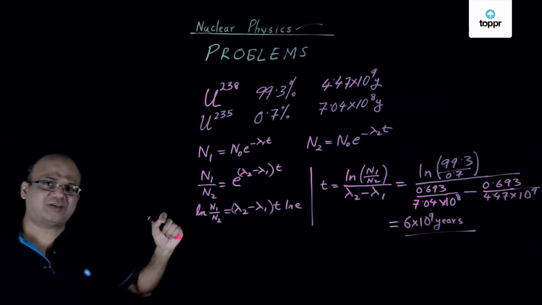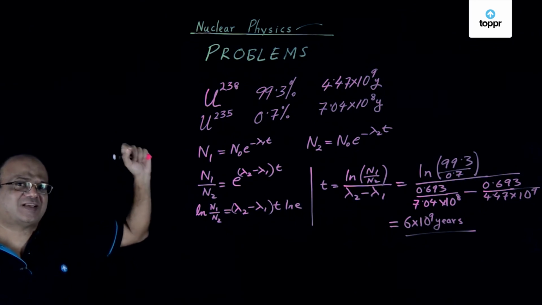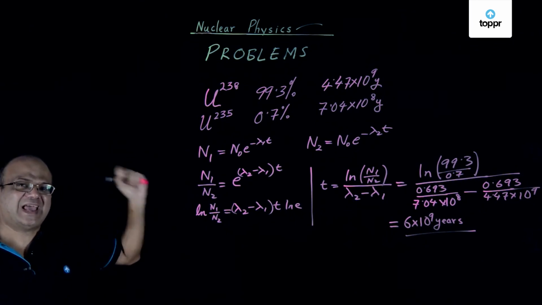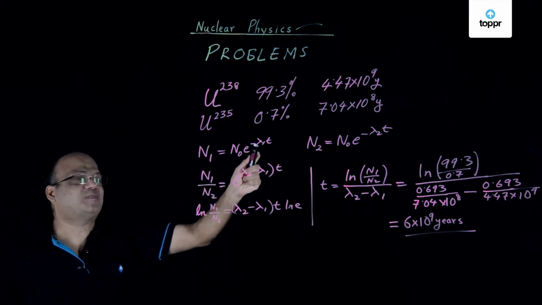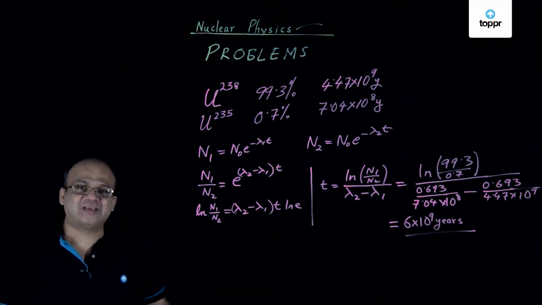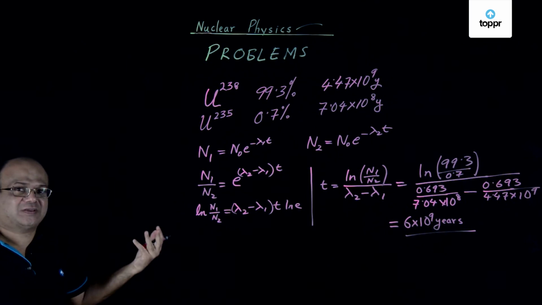We started with the concept that assuming n naught as the initial number of nuclei, n at any time is n naught e to the power minus lambda t. So n1 will be n naught e to the power minus lambda 1 t. n2 will be n naught e to the power minus lambda 2 t.